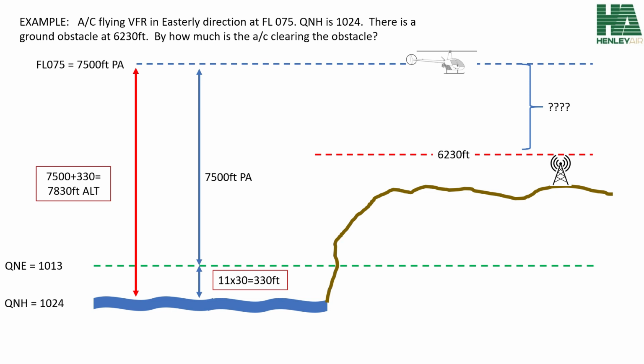Now we can determine our clearance of the obstacle. The 6,230 will be deducted from the 7,830, and at the end of the day the answer will be 1,600 feet.